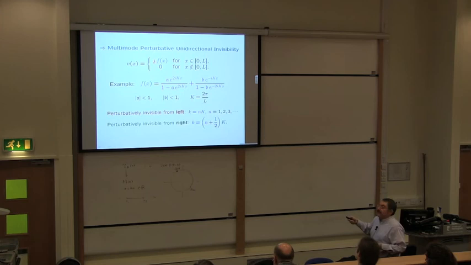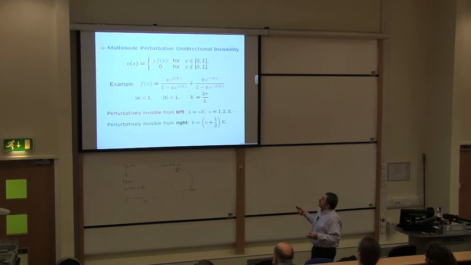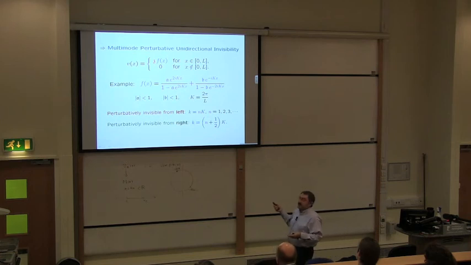I use it, for example, to construct a very, very interesting device. It is invisible from the left for all frequencies, which are wave numbers which are integer multiples of this k, and it is right invisible for half integer multiples.